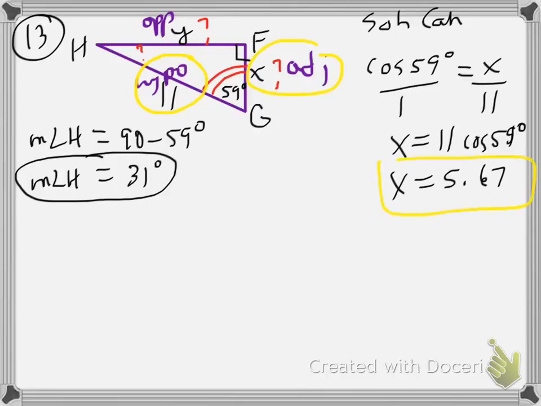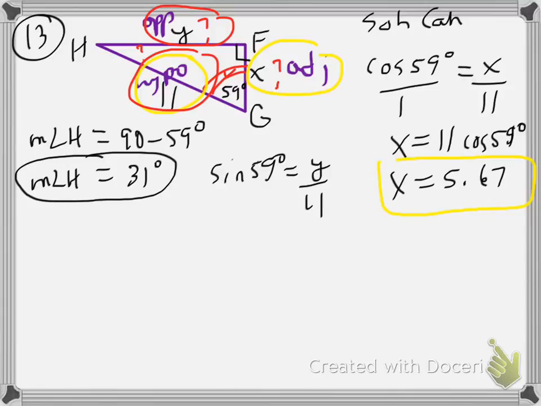Okay? Now, some people want to use Pythagorean theorem. The only risk if you do that is, what if I made a calculation error here? So I'm going to go back to this angle again, and I want opposite and hypo. Opposite and hypo is sine. So sine 59 degrees equals y over 11.